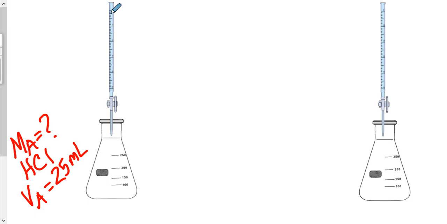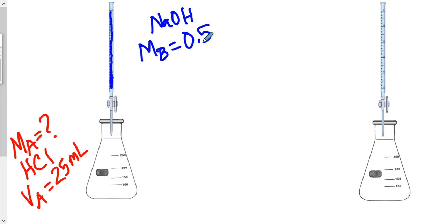That's when you need a known concentration of a base. You can use sodium hydroxide, but you need to know its concentration. Let's say the concentration of our base is 0.5. And the volume of the base, we can figure out by using the reading from our burette.